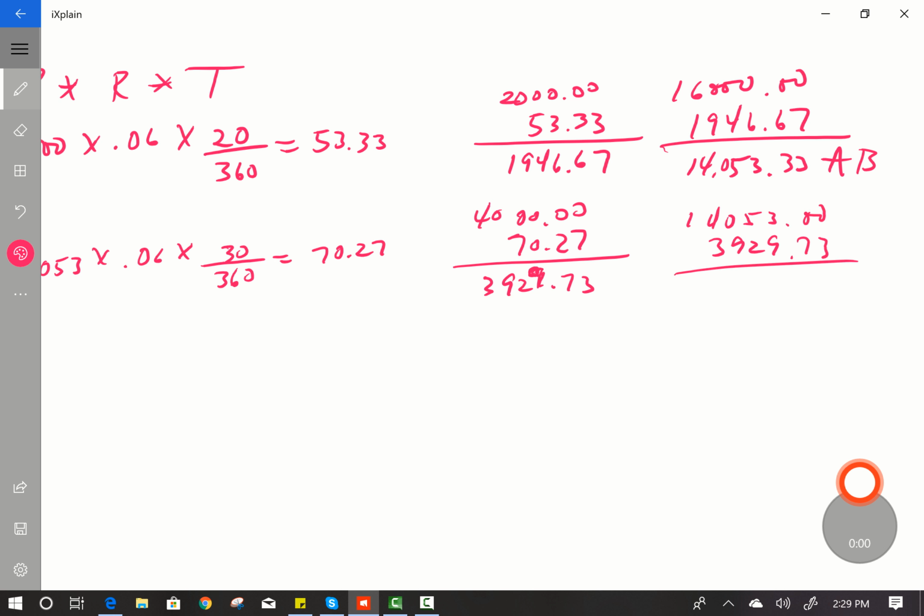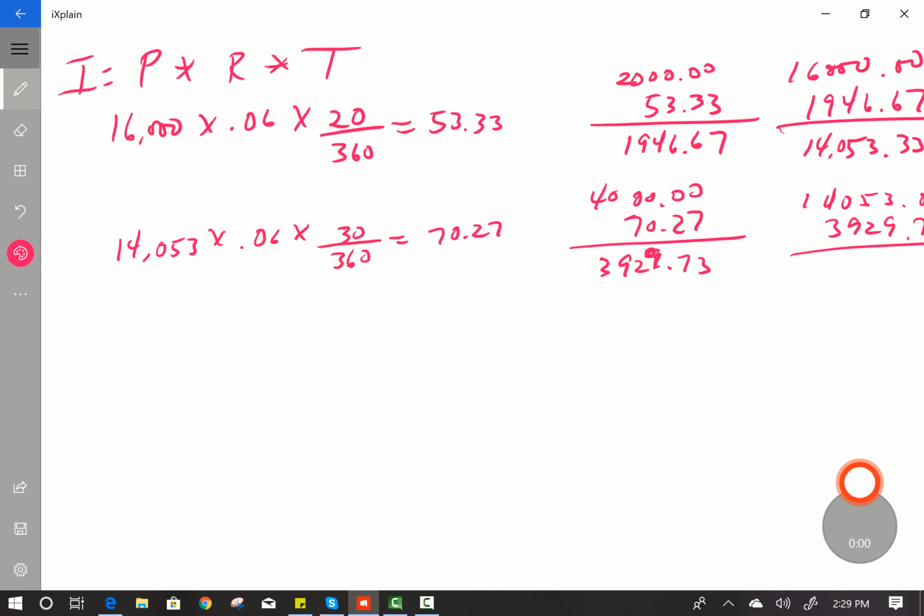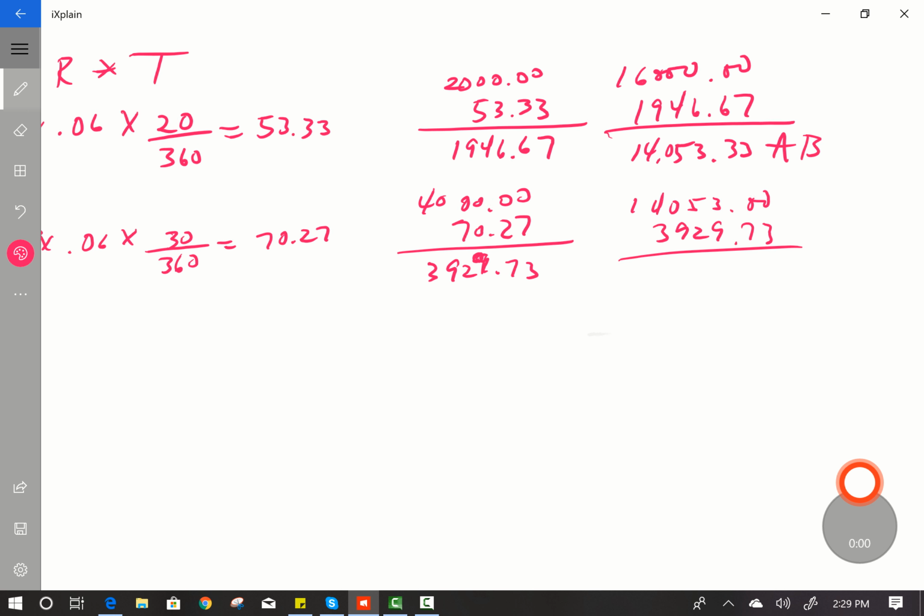And the adjusted balance, oops, I forgot the 33 cents on the end of that, so that's $14,053.33. And the adjusted balance is $10,123.60. That's the new adjusted balance.